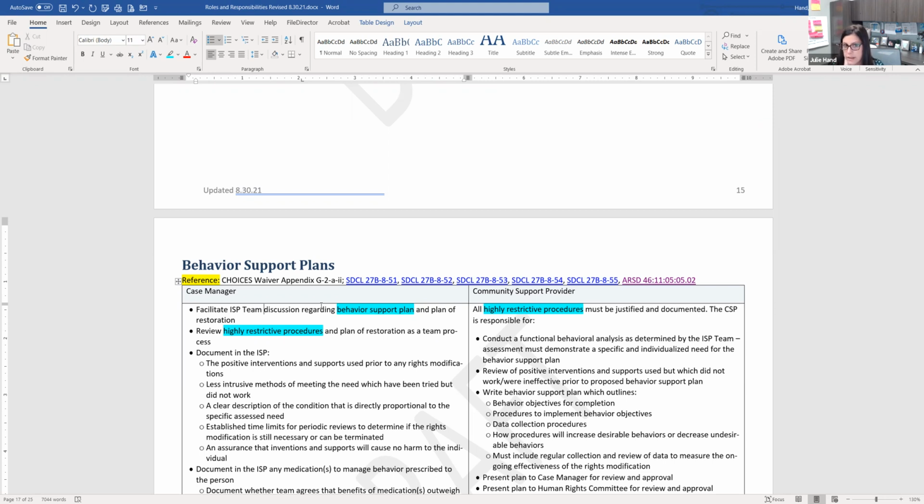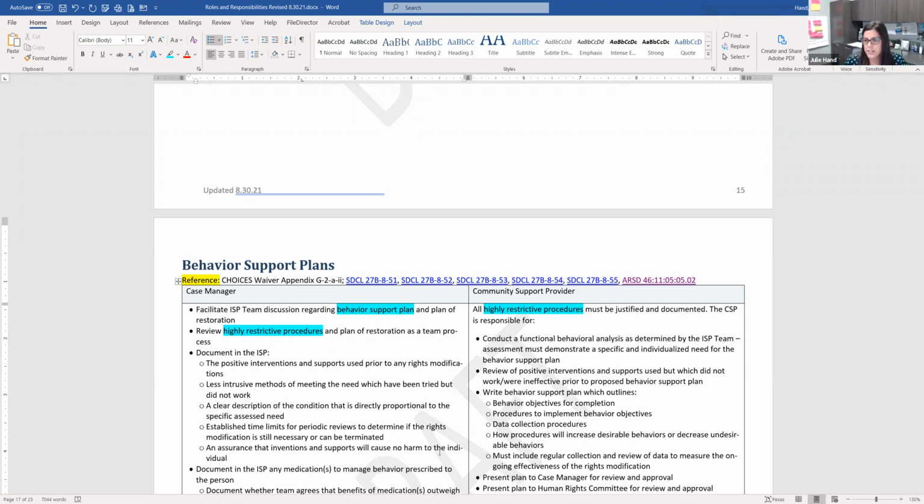Facilitating means leading and guiding the conversation to make sure all the topics are covered, that no one is shouting at each other, and that we can all come to some sort of conclusion. So maybe in the meeting minutes we can just say, for the training, let's define facilitate, and leave it the way it is for now, so we can move on for purpose of time.